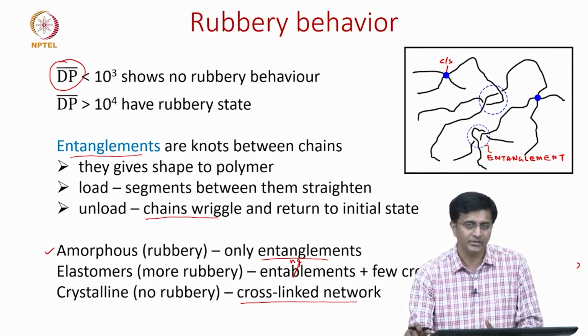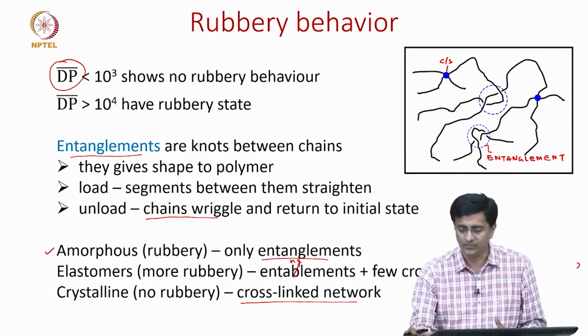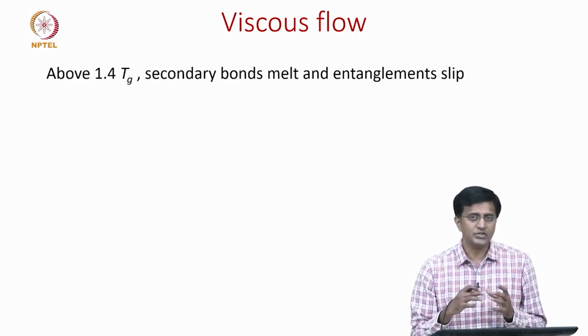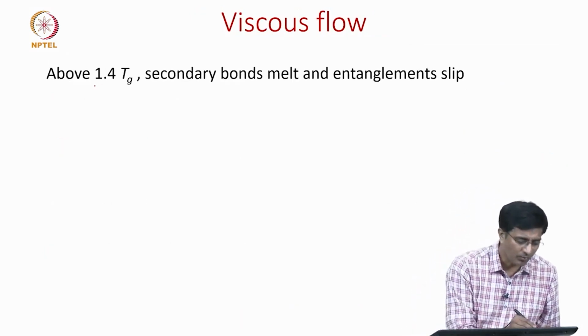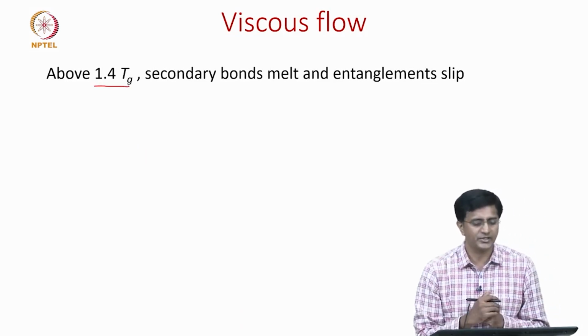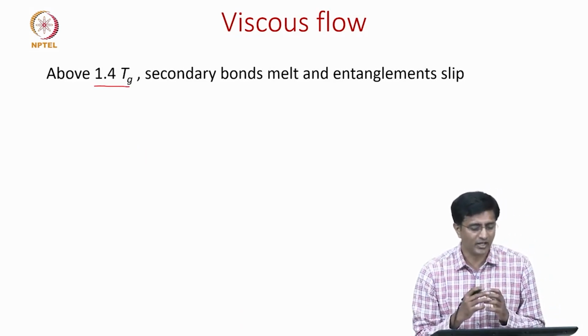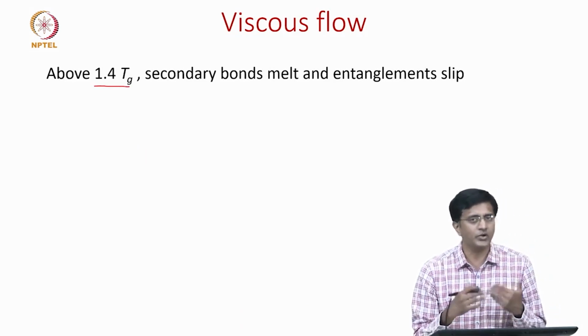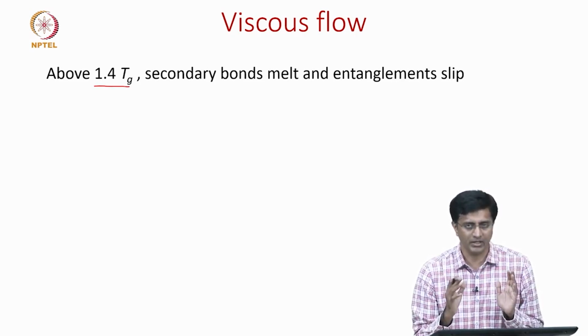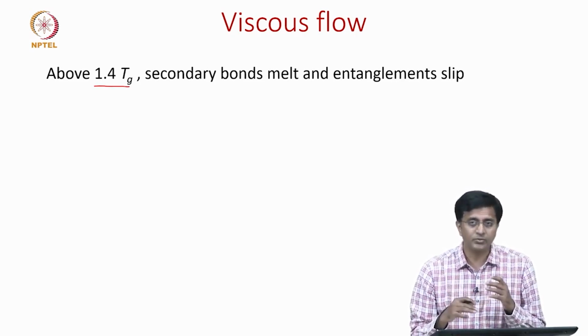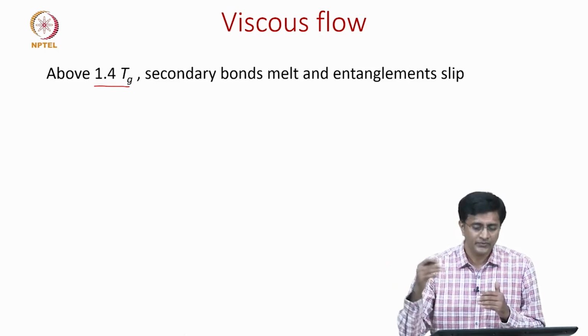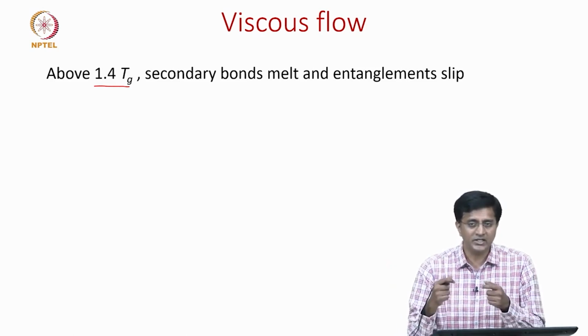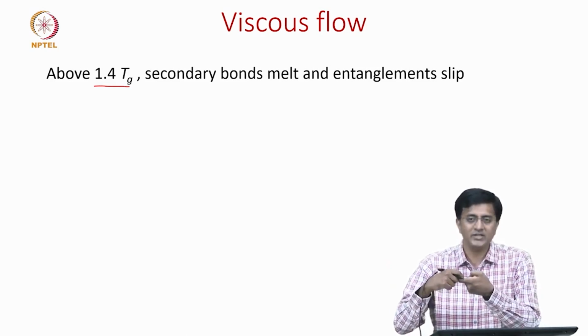Okay. So, now let us see what happens if we further increase the temperature beyond this rubbery behavior. That is when we get the viscous flow. This usually happens above 1.4 times the glass transition temperature. So, at that temperature, of course, beyond Tg the secondary bonds melt, but if the temperature is much beyond Tg, then there is enough energy in these chains that these entanglements slip.